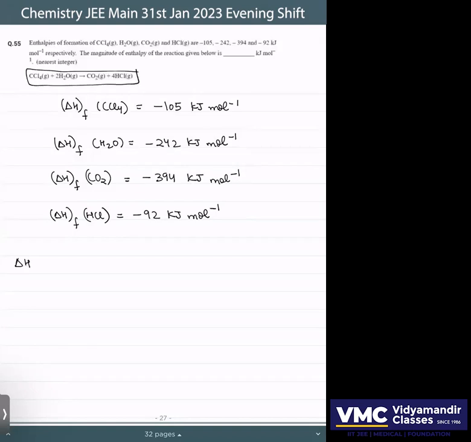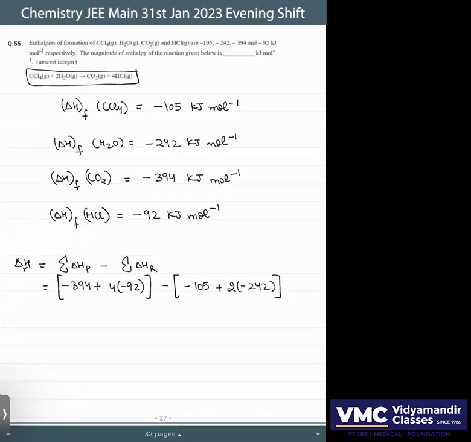For this, delta H reaction will be the summation of enthalpy of formation of products minus the summation of enthalpy of formation of reactants. For products, we have CO2 and 4HCl. The value for CO2 is minus 394, and for HCl it is minus 92, but there are 4 HCl, so 4 into minus 92. For reactants, we have CCl4 and H2O. For CCl4, it is minus 105. For H2O, it is minus 242, but it is for 2H2O, so 2 into minus 242.